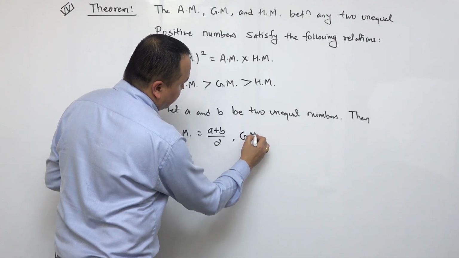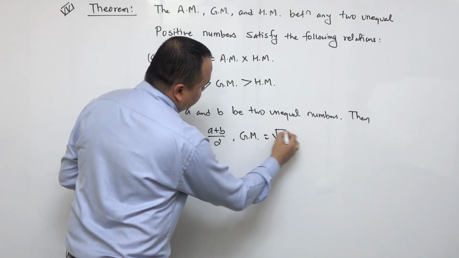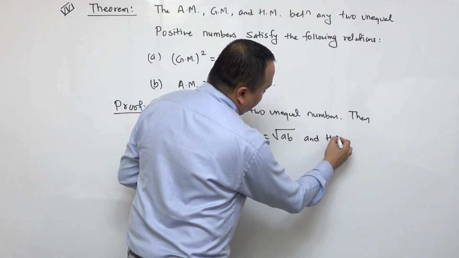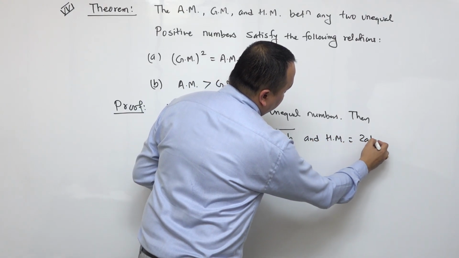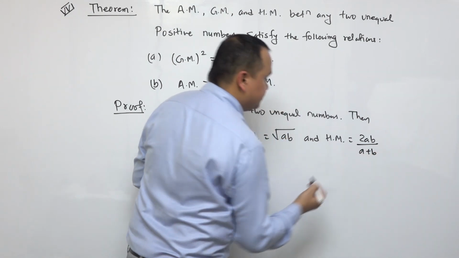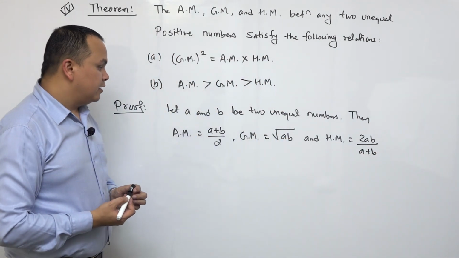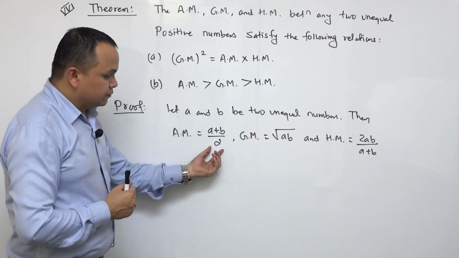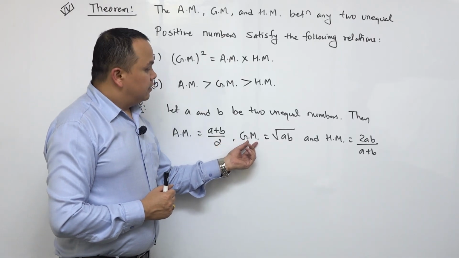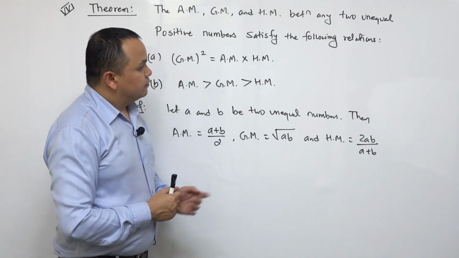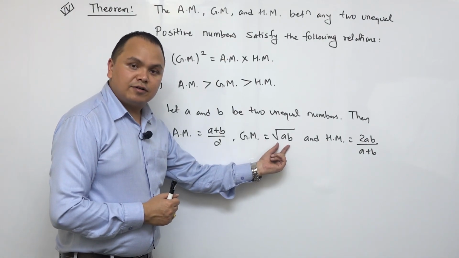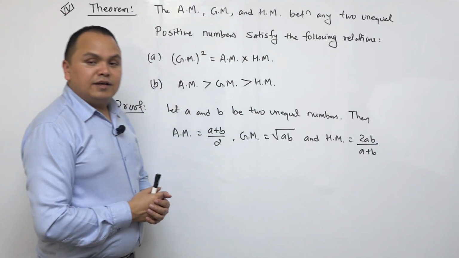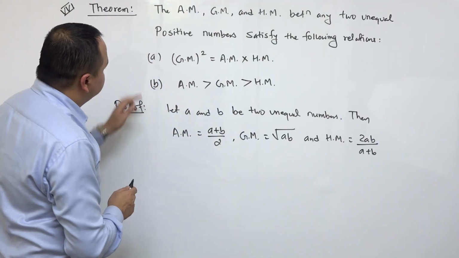Geometric mean GM is root over AB and HM harmonic mean is 2AB upon A plus B. We used the formula for AM that we just derived, A plus B by 2. For geometric mean, since there are two positive numbers in the theorem, I take the positive square root, root AB, and harmonic mean 2AB upon A plus B. Now prove first part.